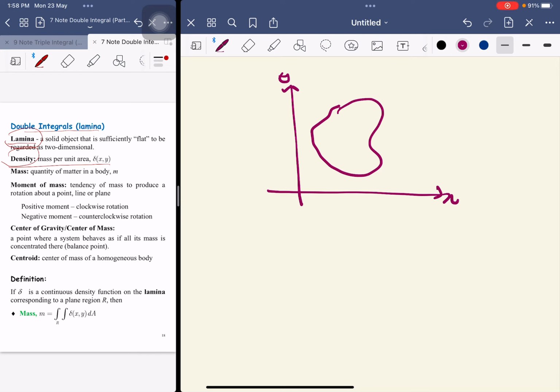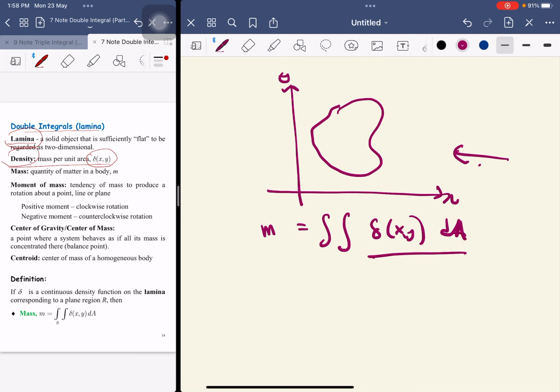By definition, if a lamina has a continuous density function given by delta on the region on the xy plane, like what I sketched over here, its total mass, which uses the symbol m, is defined by the integral of density like this. This is what we call the total mass for a lamina.